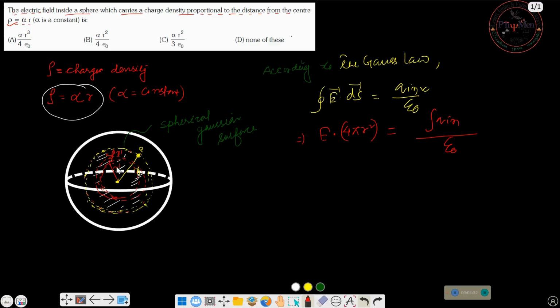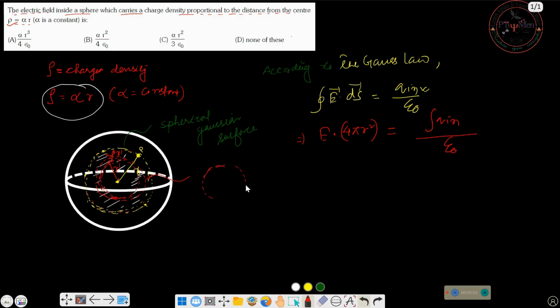Now for q inside, we will take this small elemental volume. What will it be? It will be a sphere. What is its thickness? dr dash, and radius r dash. It is a hollow sphere, so let me draw this elemental sphere here.